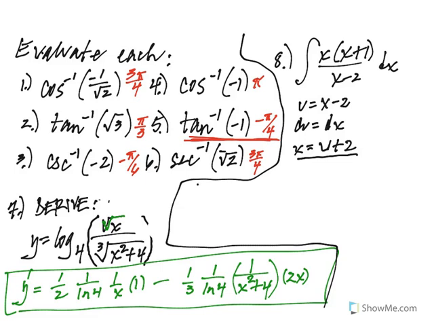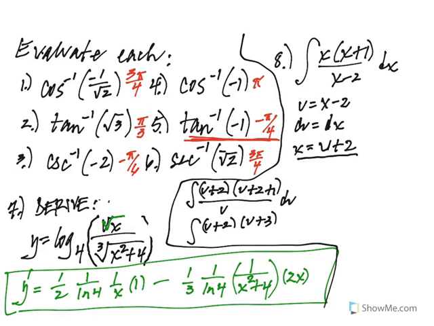So this will give me the integral of x, which is u plus 2, times x plus 1, that is u plus 2 plus 1, that is all over just u, times du. That is u plus 2 times u plus 3 all over u du.